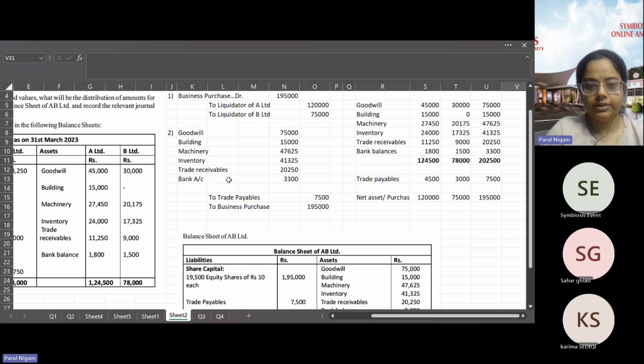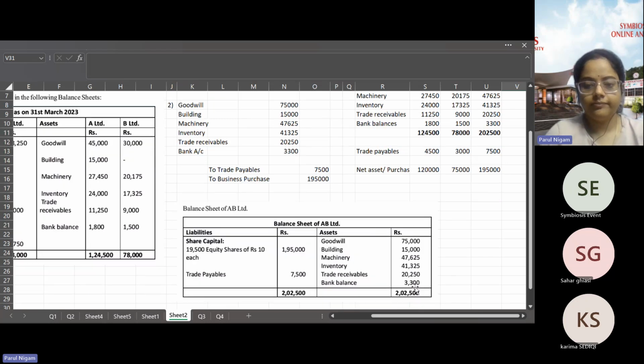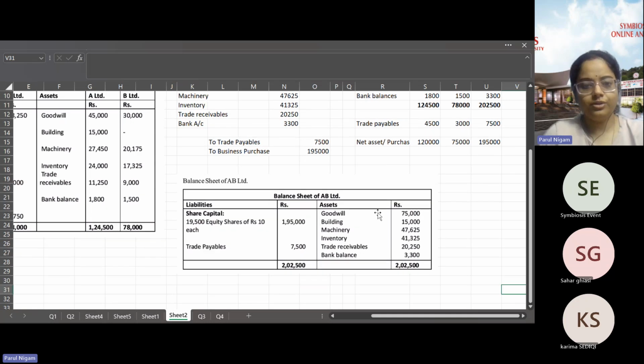Goodwill 75,000, building 15,000, machinery 47,625, inventory 41,325, then your trade receivables, bank balance, and on the liability side, you'll be having 7,500 and this 19,500. This is your share capital, the purchase consideration. Okay, and your balance sheet will eventually tally.